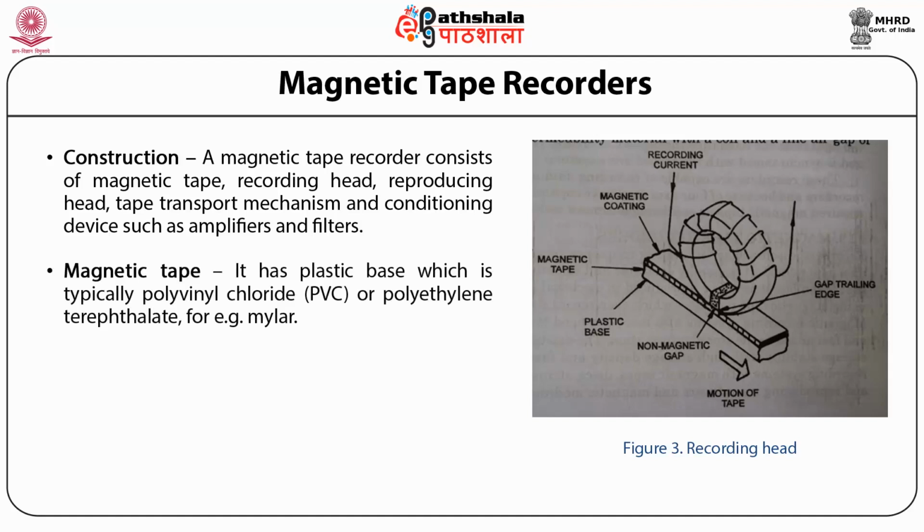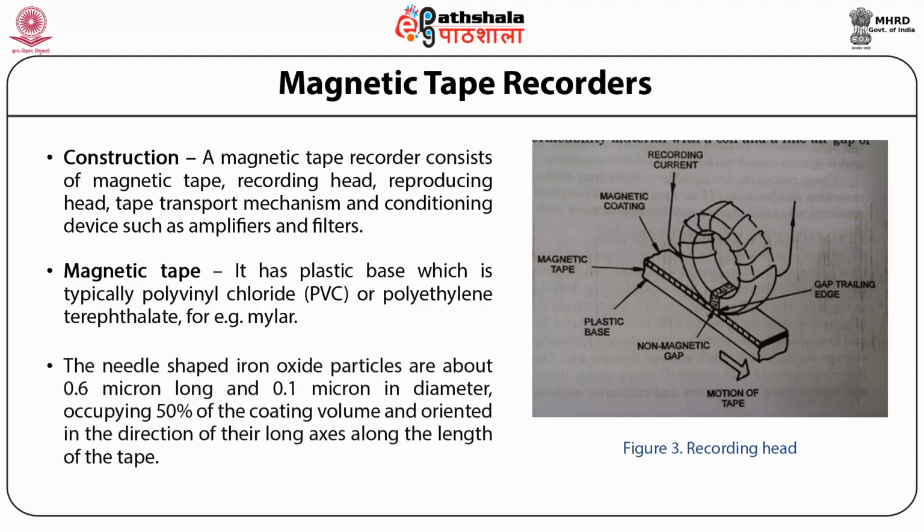Magnetic tape. It has a plastic base, which is typically polyvinyl chloride or polyethylene terephthalate, for example Mylar. This thin sheet of dimensionally stable plastic is coated on one side with a magnetic material. This magnetic coat consists of very small iron oxide particles mixed in a plastic binder.